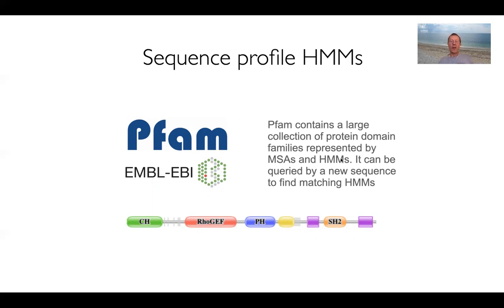So for instance, if you have a new sequence of a new protein, you can submit that to PFAM, and it will check it against all the thousands of predefined HMMs that it has, and it will output basically the matches. So here is your query sequence, and here are the matches that PFAM made to different types of domains: a CH domain at the N-terminus, a RhoGEF domain here, a PH domain, and an SH2 domain.